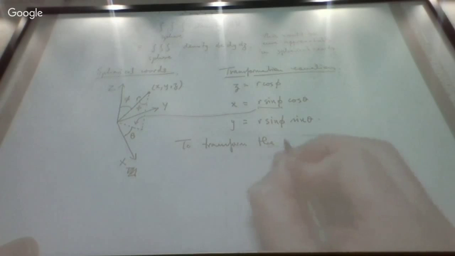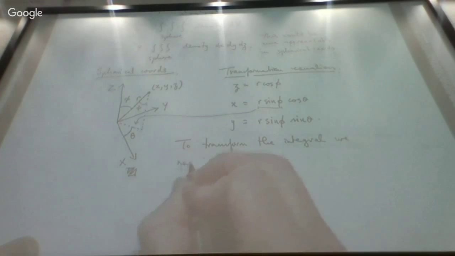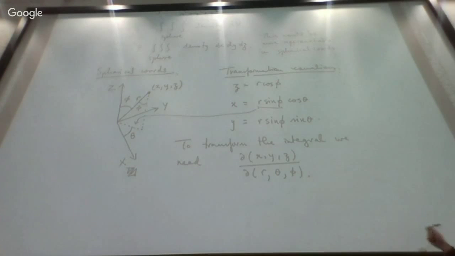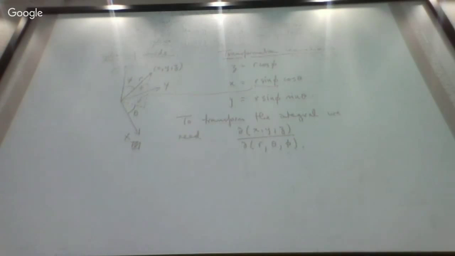So to transform the integral, we need the Jacobian determinant, which is delta xyz over delta r theta phi. You have to set down an ordering of these coordinates because that determines the ordering of the rows and columns in the Jacobian.